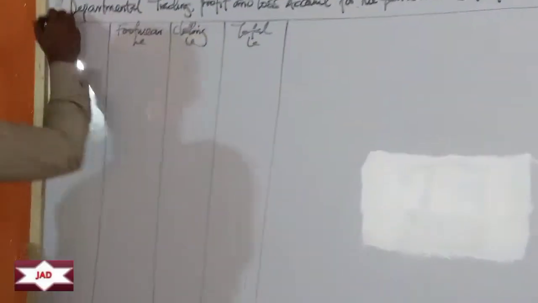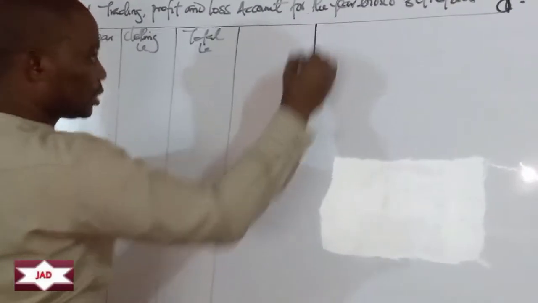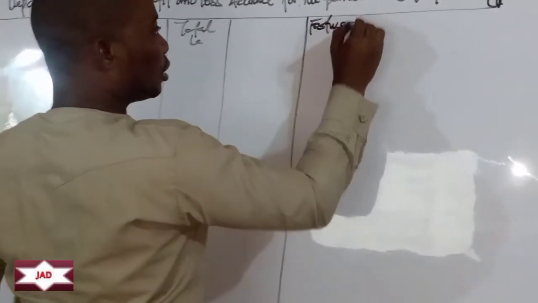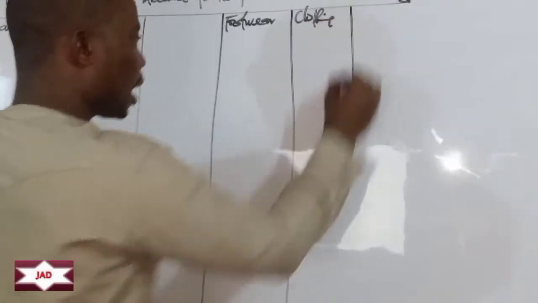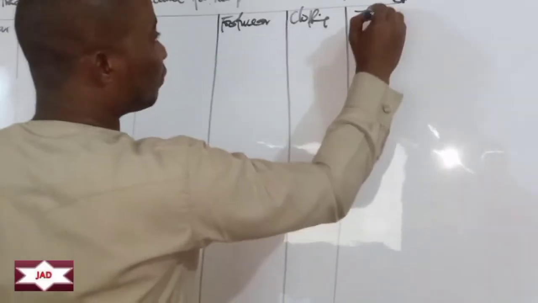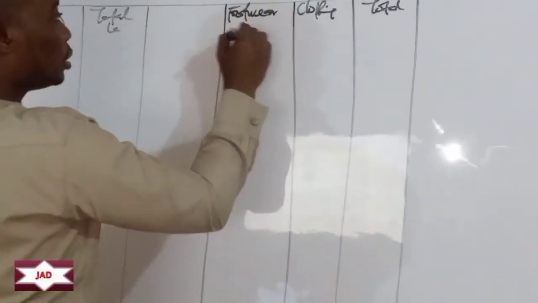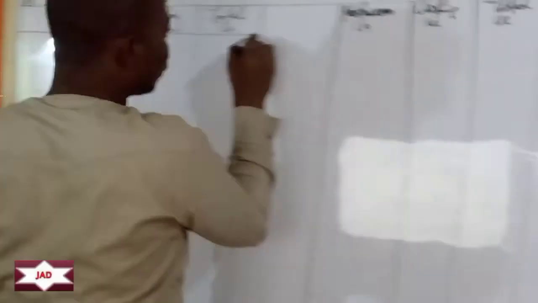This is the debit side, this will be the credit side. The same way, we have footwear, clothing, and then total. So that's Lee. It's a normal trading profit and loss account.